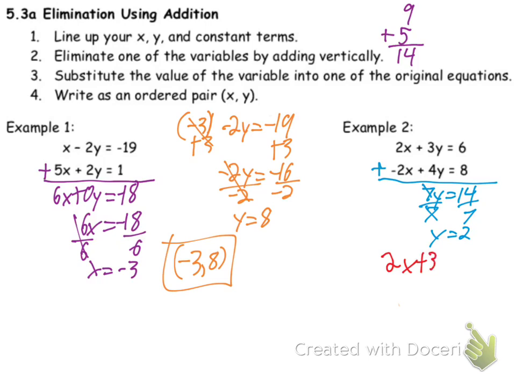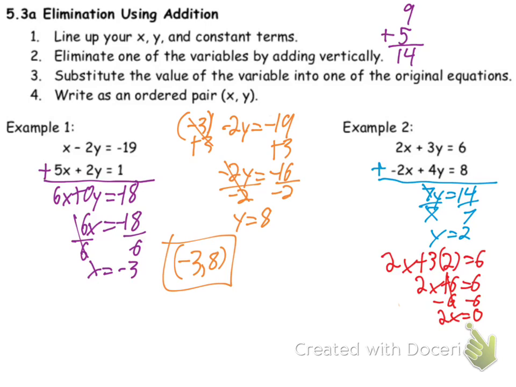What's our new y? 2. 2x plus 3 times 2 is equal to 6. Now we solve this for x. 2x plus 6 equals 6. Subtract 6, subtract 6. 2x equals 0.